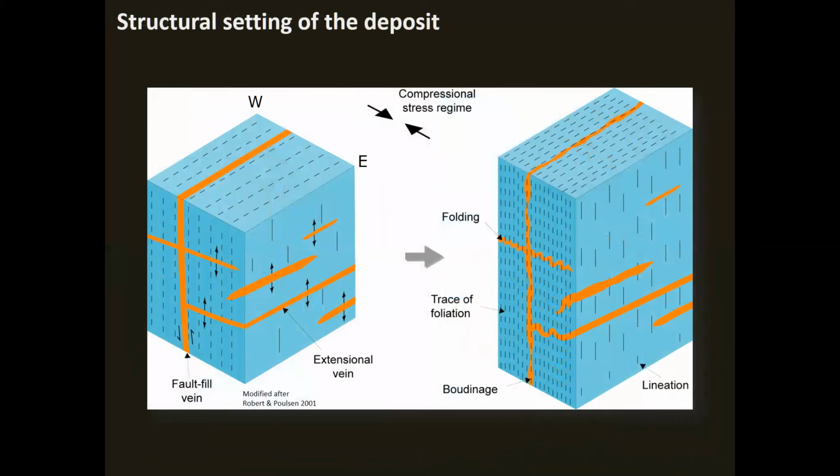So starting off with that type of package, if we compress this whole package in an east-west direction, the sigma 1 will be from west to east. We will fold these extensional veins and we will get boudinage in the steeper fault fill vein. And the right-hand side of the picture is pretty much what it looks like in the Fäboliden deposit today.